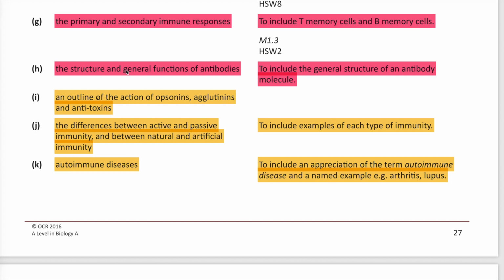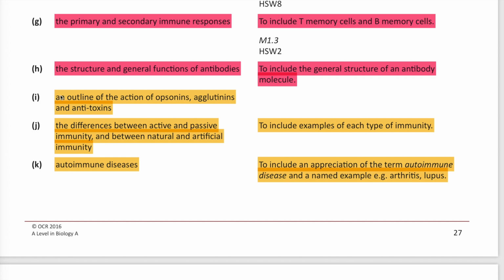So while the pink stuff here, point H, is understanding the structure of an antibody and how it works, point I is the different ways that antibodies do their work. Opsonins are how antibodies result in phagocytosis, agglutinins are another way that antibodies help the process of phagocytosis, and antitoxins are the way that antibodies prevent the action of harmful substances produced by pathogens.